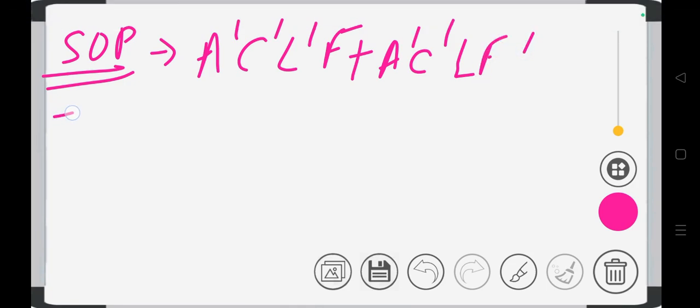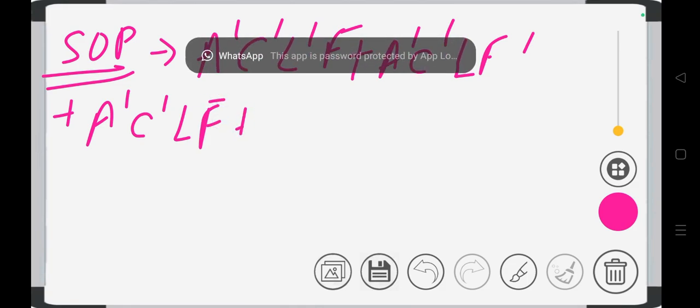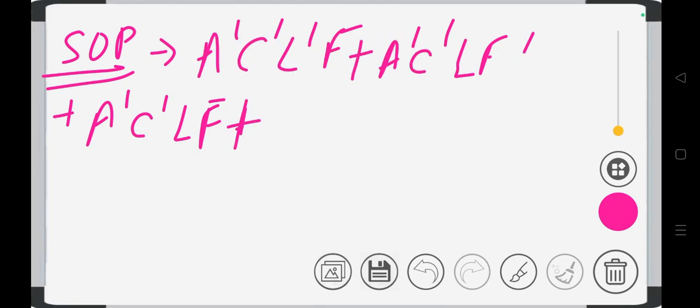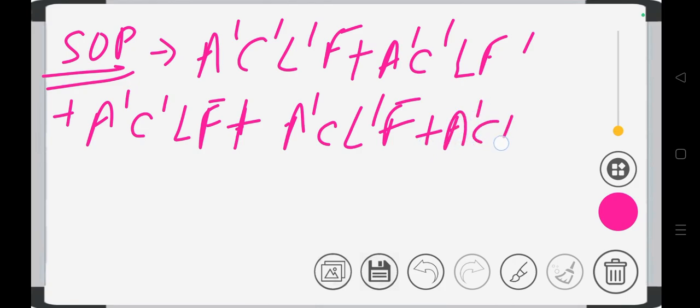Then the third term was A complement C complement L and F. Then the fifth term was A complement C L complement F. Then A complement C L F, this was the seventh term.